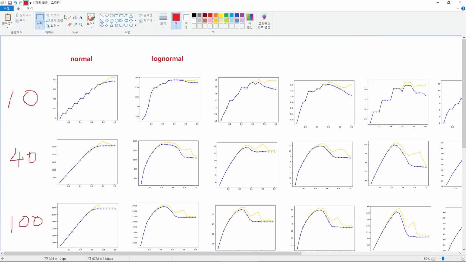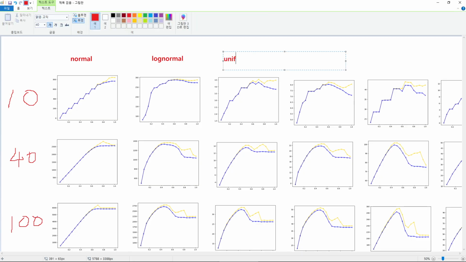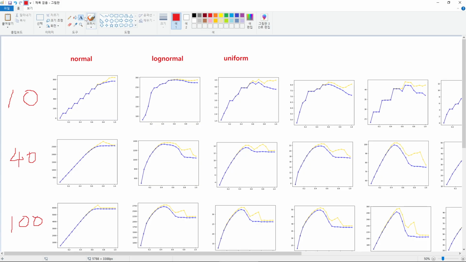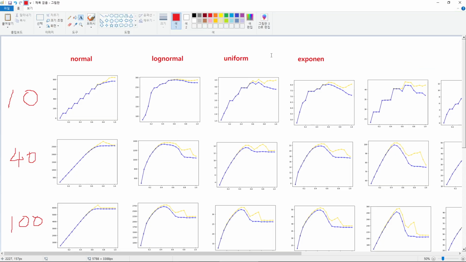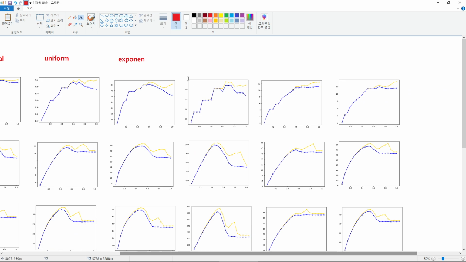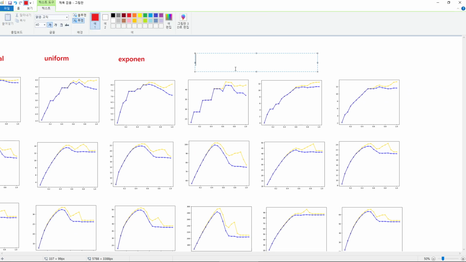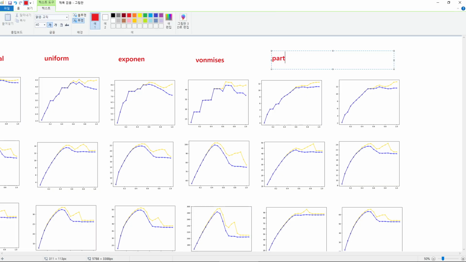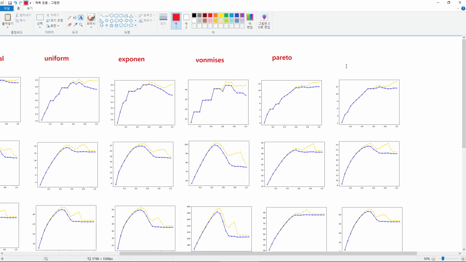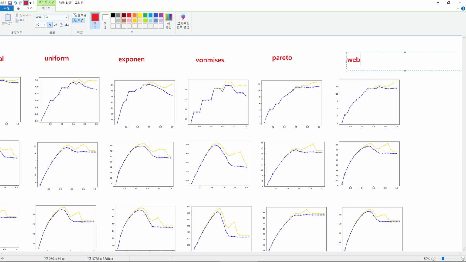Yeah, this is not going to work. Uniform. What's the exponential, exponent. Mises. I think that's how you spell it. And then Pareto, and then Fable.